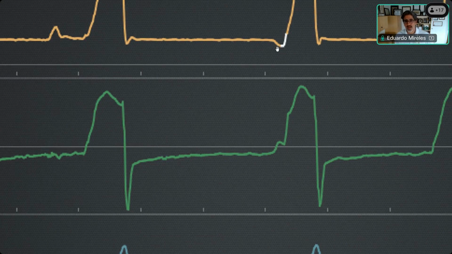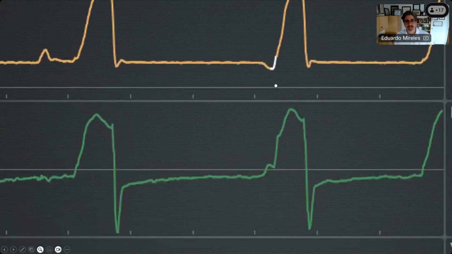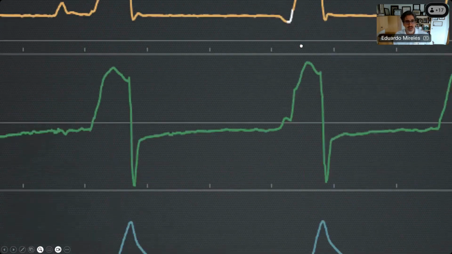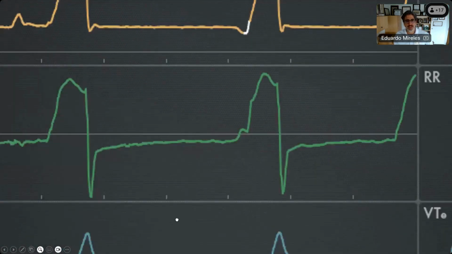So you could say, well, Eduardo, why didn't you put flow? It would have worked better. And perhaps you're absolutely right. But that is why this one is white, because it was pressure triggered.